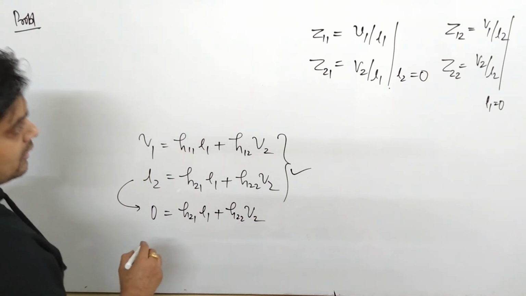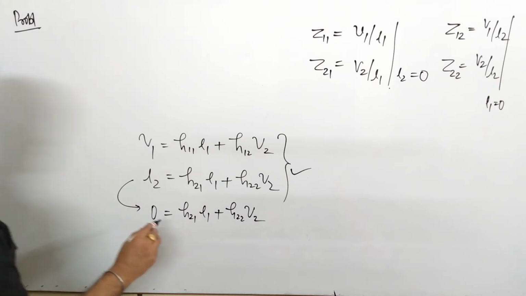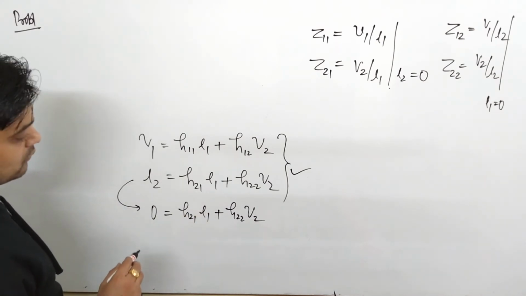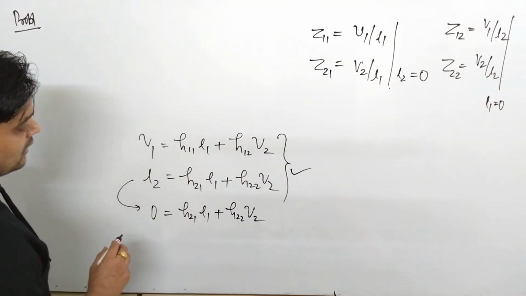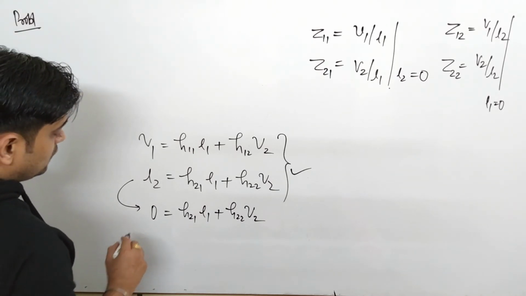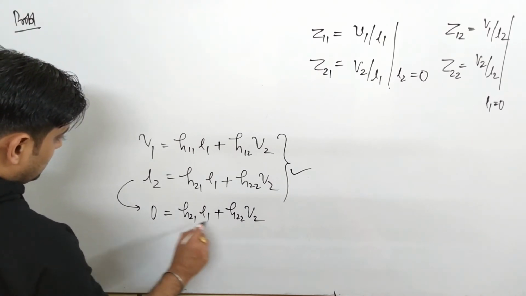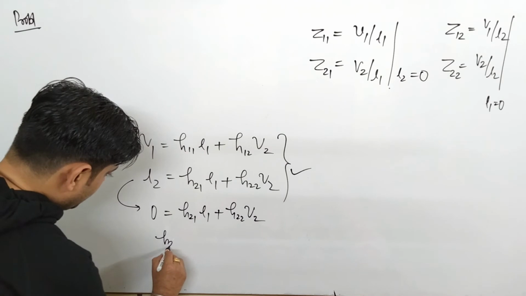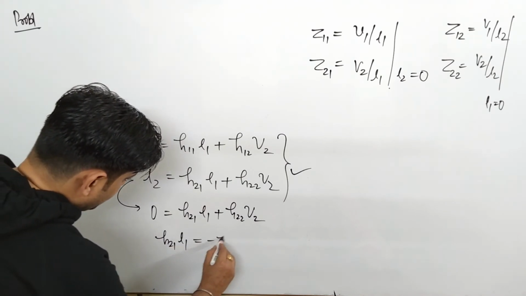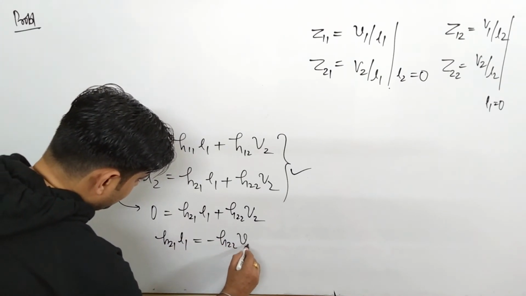That is equal to 0. So from here, h21 I1 is equal to minus h22 v2.